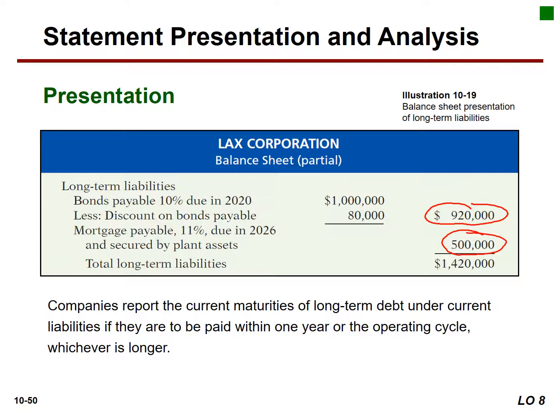Any portion of this mortgage payable, if we're making monthly payments, we're going to show the principal that's going to be paid over the next 12 months within our current liabilities, called current maturities of our mortgage payable. So if any of this $500,000 was going to be repaid in the next 12 months, we would include that balance in our current liabilities and reduce our long-term liability by that amount.